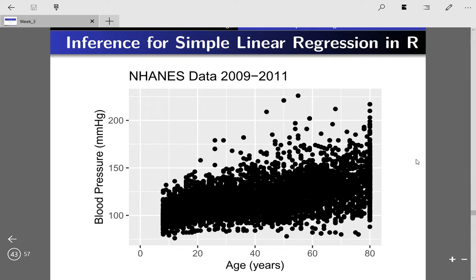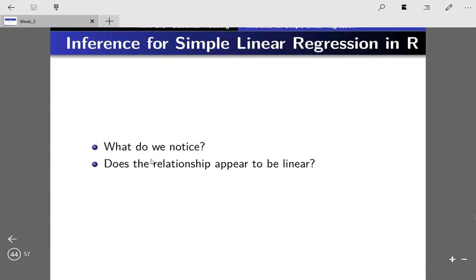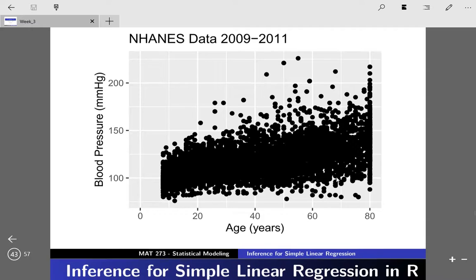So it's important to think about, what do we notice, what kind of relationship is going on here? Does it appear to be linear? Looking at this scatter plot, one, we can see that people's ages look like they roughly start at like 10 years old and go all the way up, and it looks like they have a hard cutoff at 80 years old.